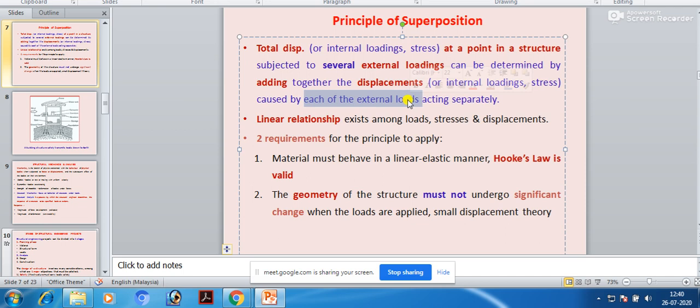This is very important: each of the external loads. You calculate one by one for each, add them together, and you get the total displacement of the structure.